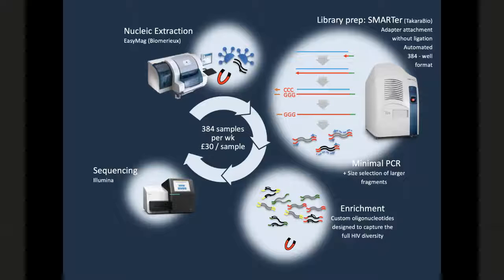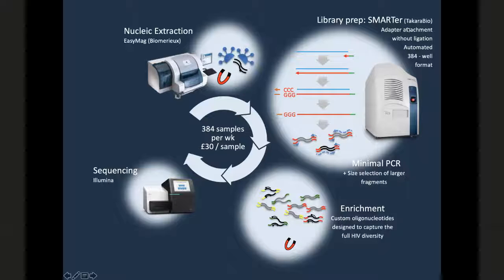So we start with plasma. We extract the nucleic acid from the virus particles within plasma using the EasyMag bioMérieux system, with magnetic bead-based extraction protocols, without using any carrier. And then we've tried many permutations of different combinations of extraction, library preparation, enrichment and PCR, and we've settled on a library preparation method that uses the SMARTer protocol, which stands for switching mechanism at the 5' end.